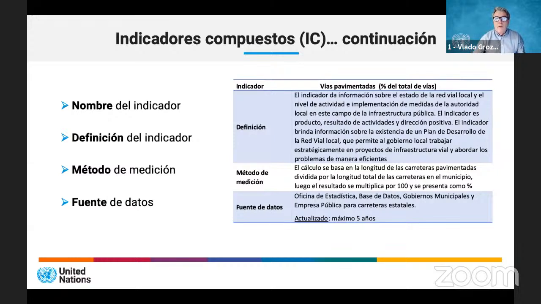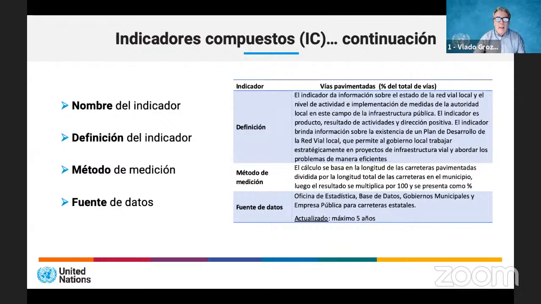Then we have to define very clearly the indicator definition, what we measure, how we measure it, an indication about the condition of the assets, and when it will be measured.